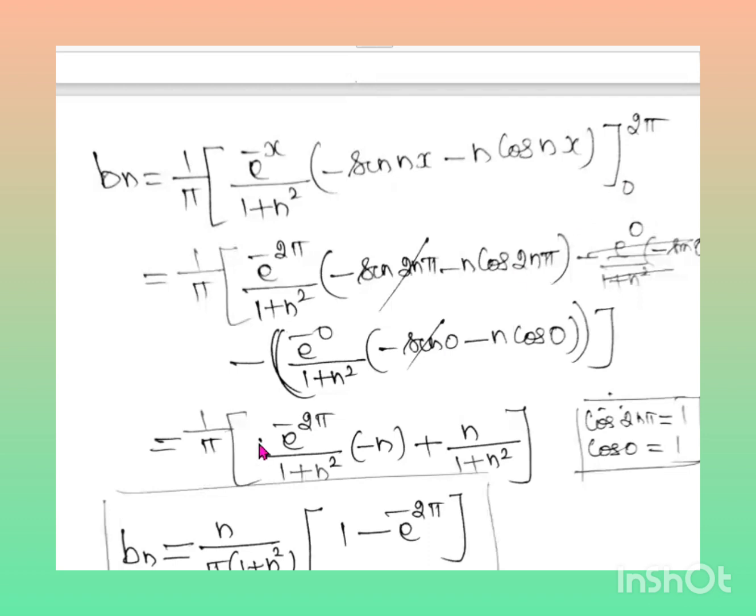Applying the upper limit minus lower limit, we get (1/π) into e^(-2π) divided by (1 + n²) into (−sin 2nπ − n cos 2nπ) minus e^0 divided by (1 + n²) into (−sin 0 − n cos 0). sin 0 and sin 2nπ are 0, so I have struck them out. cos 2nπ is 1, cos 0 is 1.